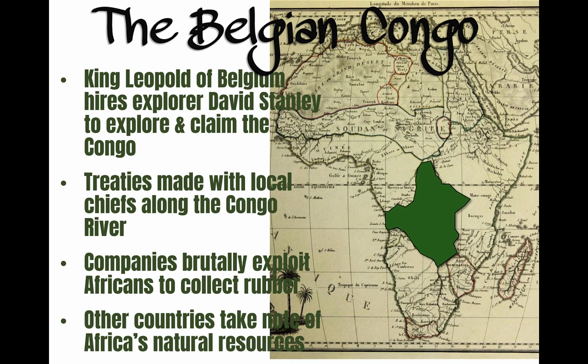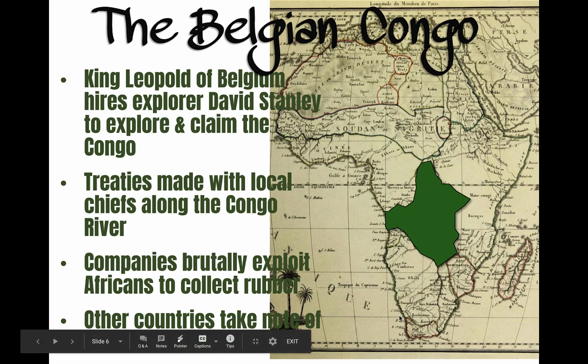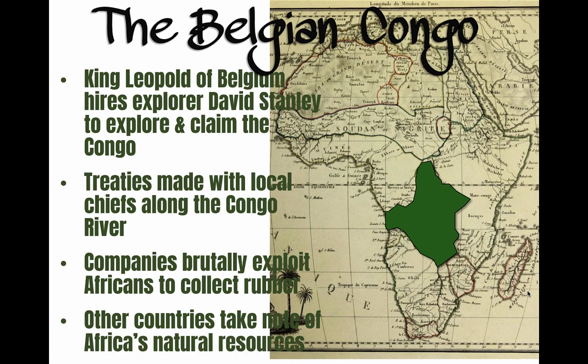Other countries are going to start to take note of what Belgium has done. And here is the Belgian Congo right here, in this area. They're taking all of this rubber from these rubber trees, and they are going to manufacture it, and they are going to make a lot of money.